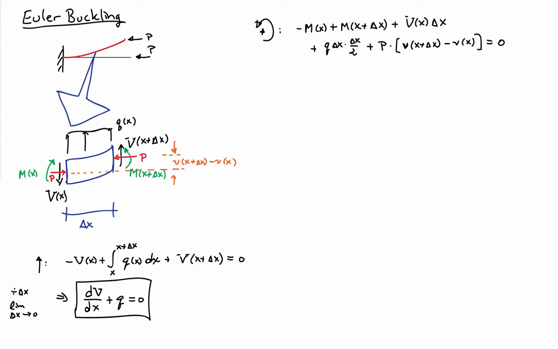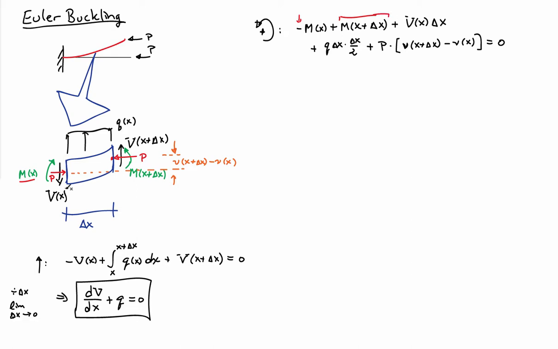So let's go ahead and look at moment equilibrium of the system, and I'll take moment equilibrium about the center of rotation on the right side of the system, so about this point right here. I have the moment from the left side, and I'm taking positive counterclockwise, so I get a minus sign here. Then I have the moment from the right side, so that's M of x plus delta x.